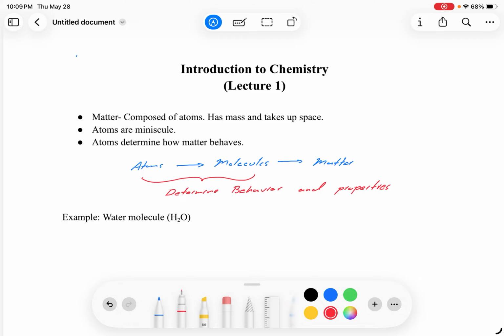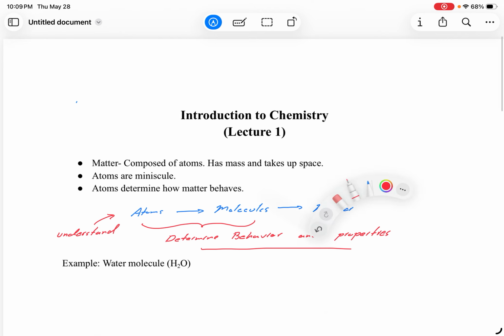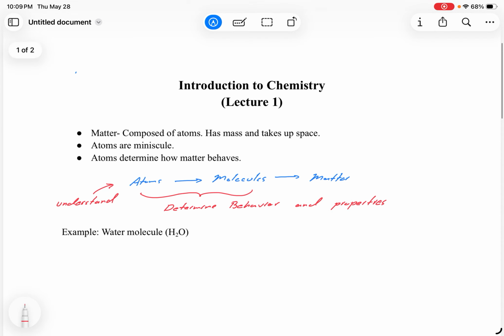We need to understand how atoms and molecules are important in order to understand this, right?